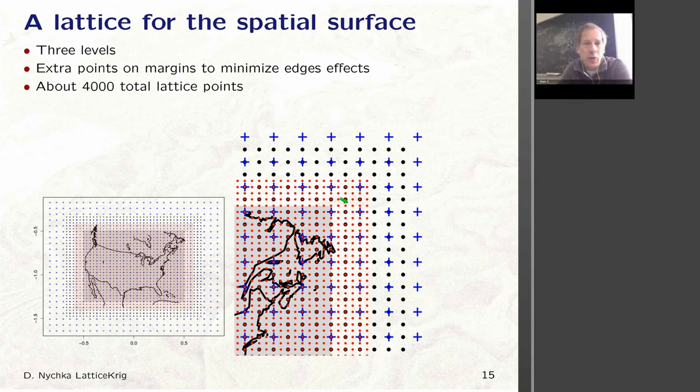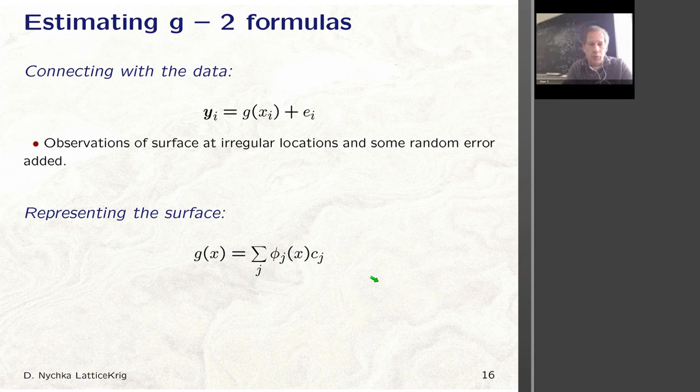But in other ways, we're really just thinking of the lattice as a way to tell us how things are connected. So for example, this lattice point is connected to its neighbors like that. And those connections are defined statistically. And when we define those connections, we don't have to worry too much about the geometry.